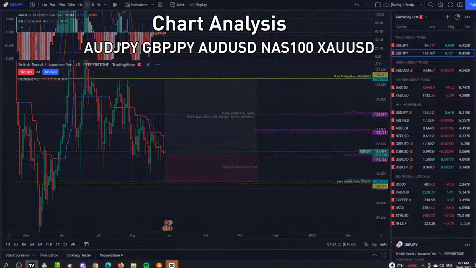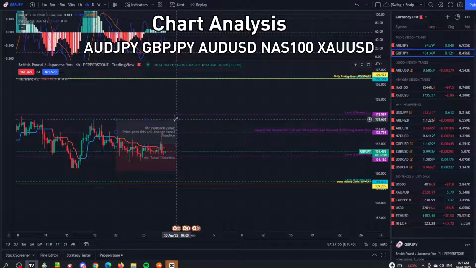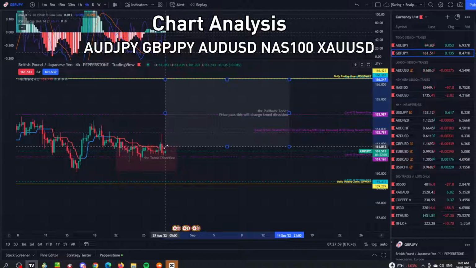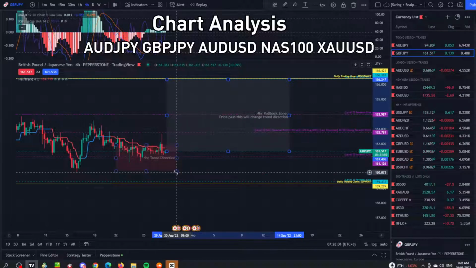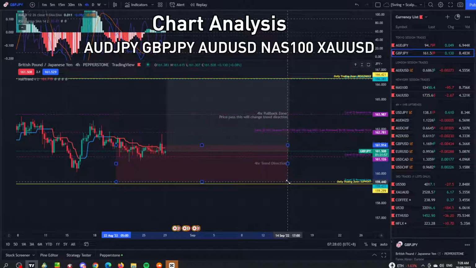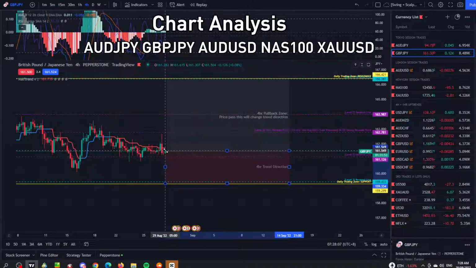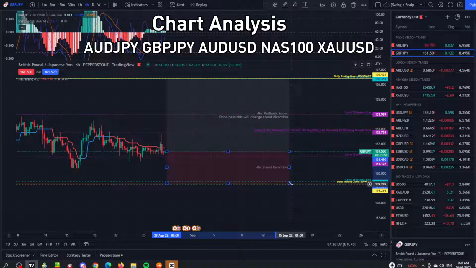Okay, 4-hour, same again. Just giving it a bit more room to play. But yeah, pretty much on that blue line, that is our zones.